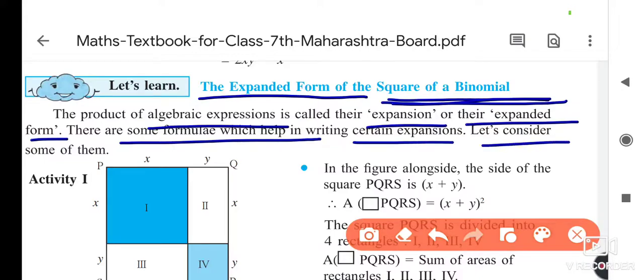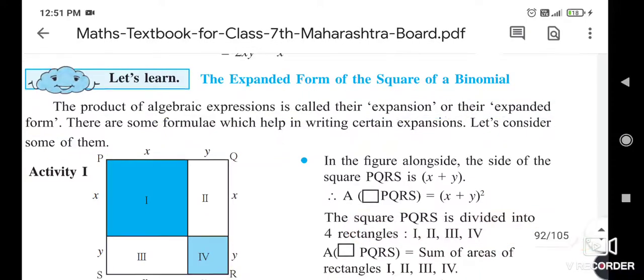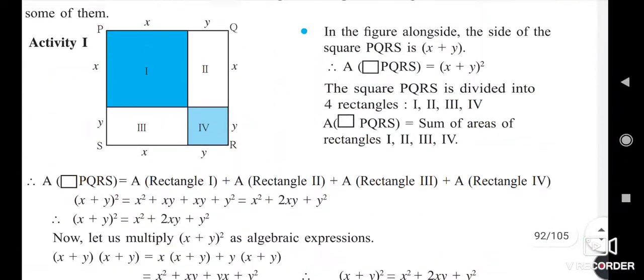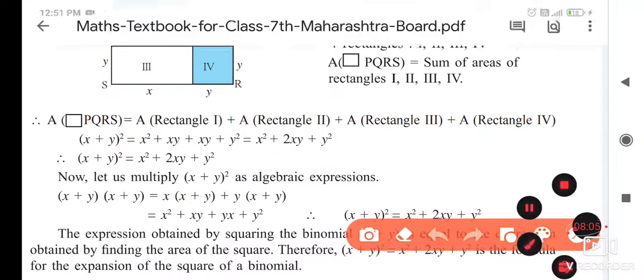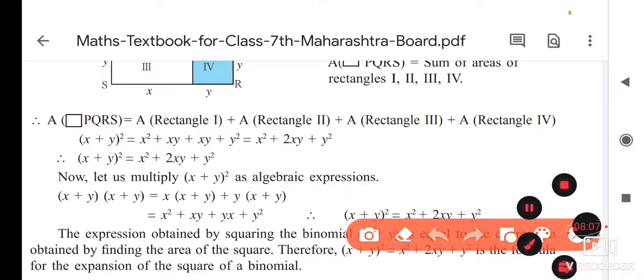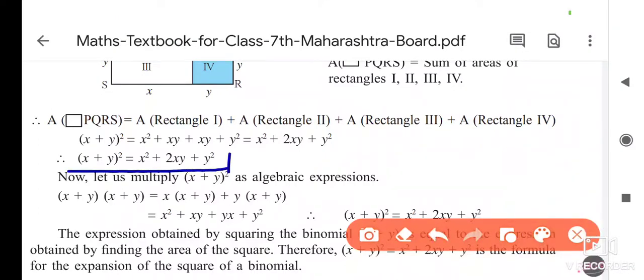So let us consider some of the terms. Whatever I am teaching you, the most important thing is that first you understand how the formulas are derived. The important formulas are: x plus y bracket square is equal to x square plus 2xy plus y square.